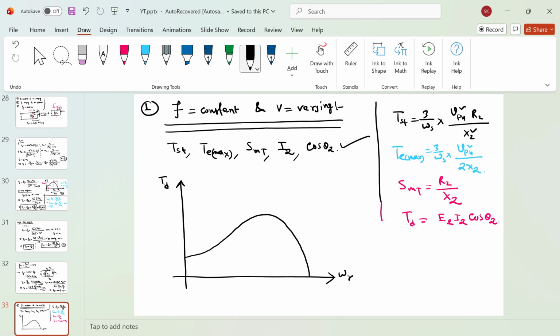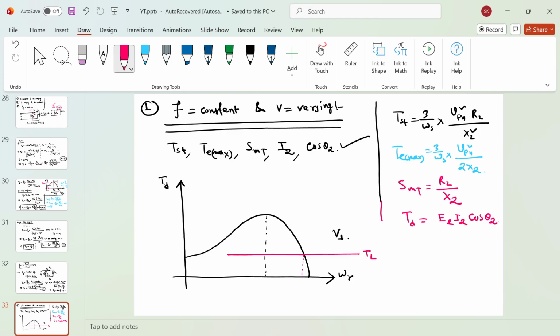For this particular torque-slip characteristic, I had initially the per phase voltage as V1. This was my slip at maximum torque, this was my torque, and this was the synchronous speed. Also assume my load torque was constant, somewhere here, and at steady state this was my operating slip.